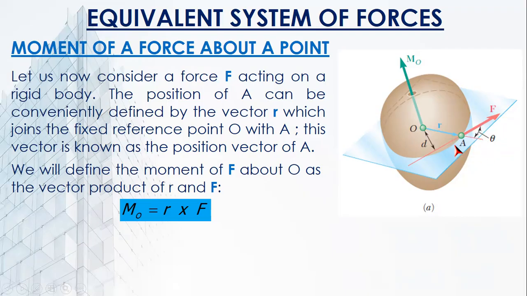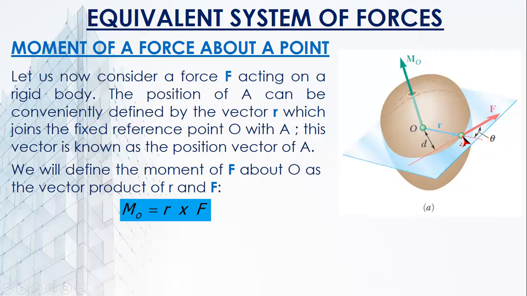By the principle of transmissibility, we can transfer R to A. Then get the vector product R cross F. Point the four fingers to the first vector R and rotate it to coincide with F. That is R cross F.